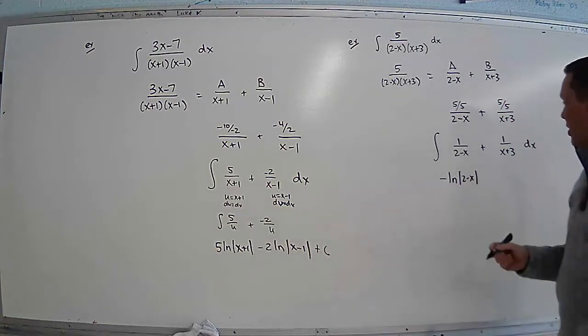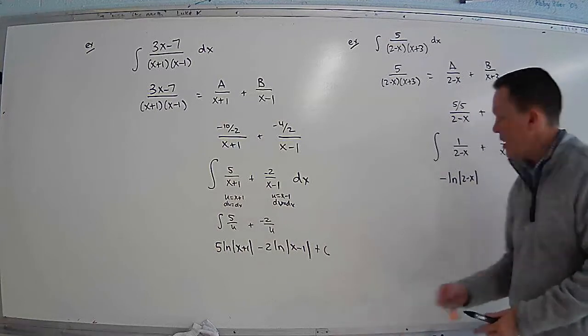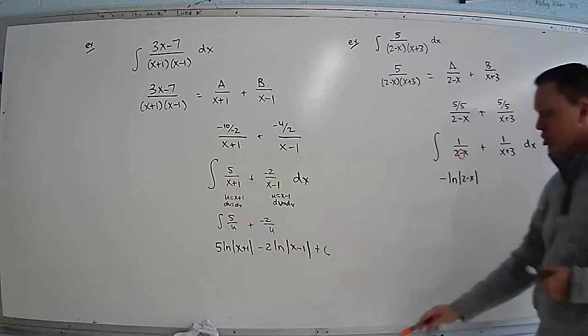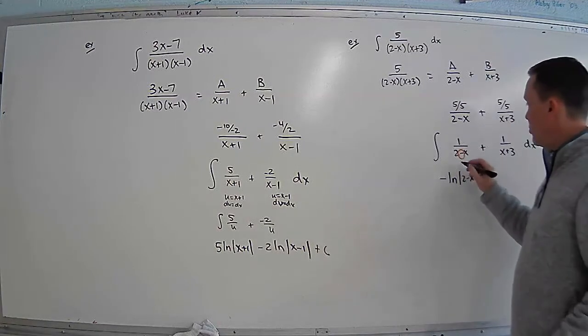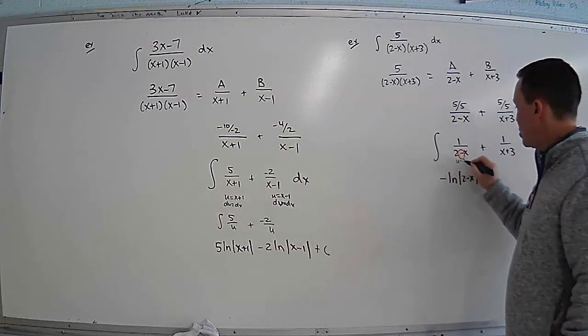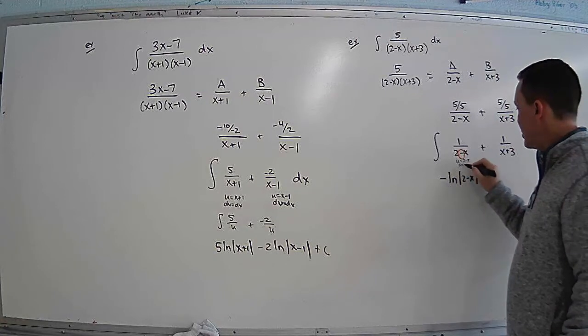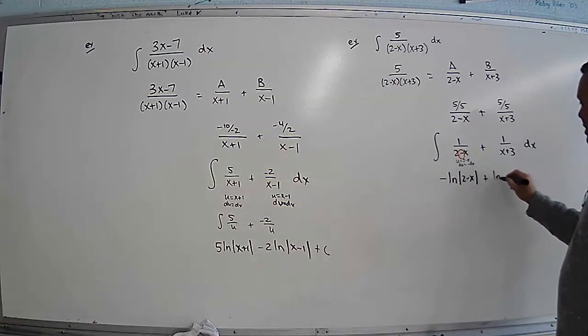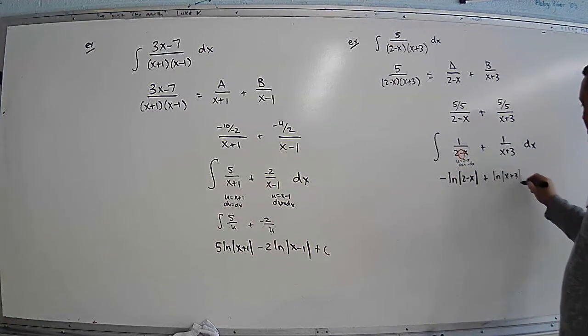Why is that negative there? Because when you do that u substitution in your head, you have to remember u is 2 minus x, and du is negative dx. So that's why that negative ends up being there. Plus the natural log of x plus 3.